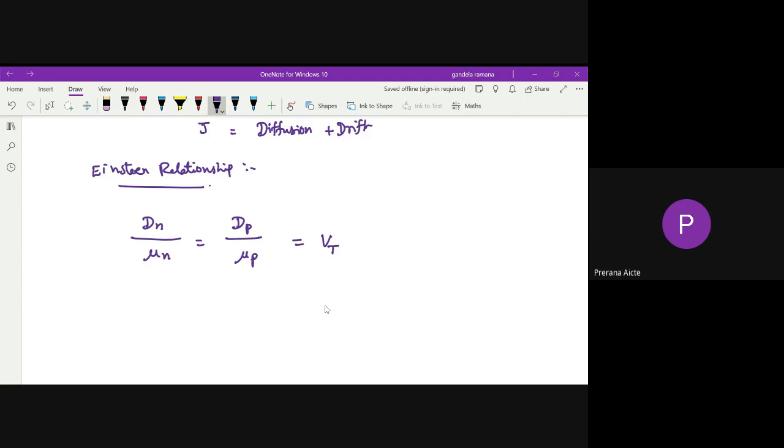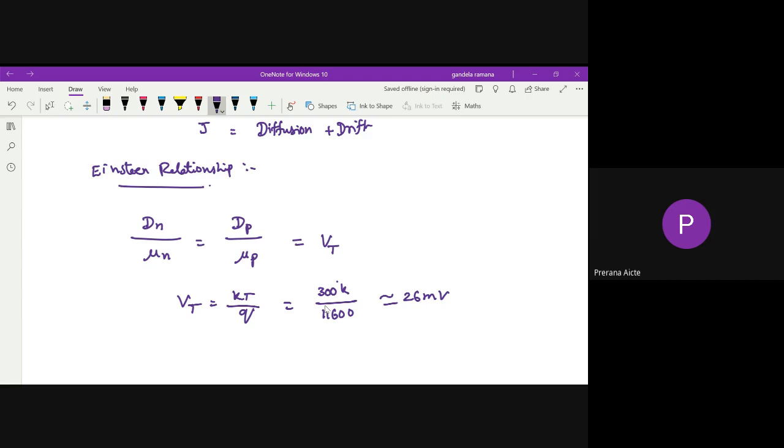So what is the formula of Vt? Vt is equal to kT by Q. At 300 degrees Kelvin, T by 11,600 gives approximately 26 millivolts.